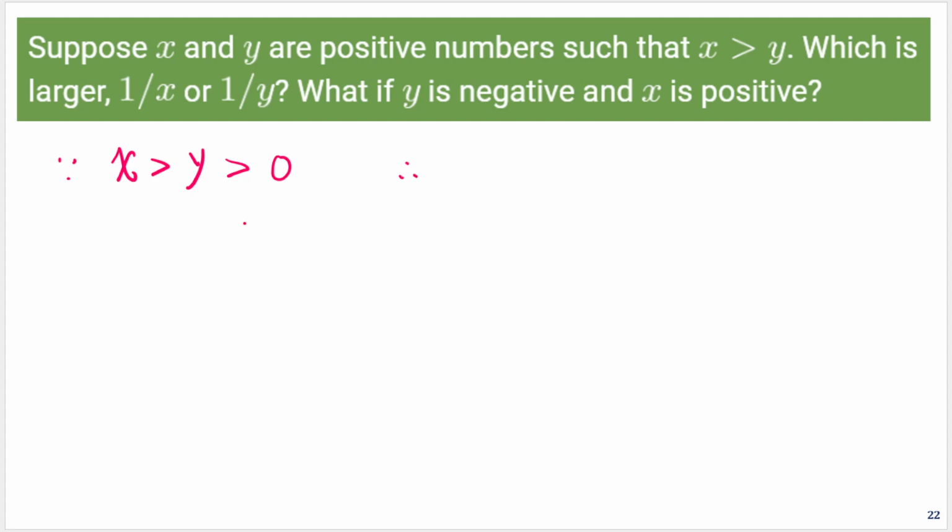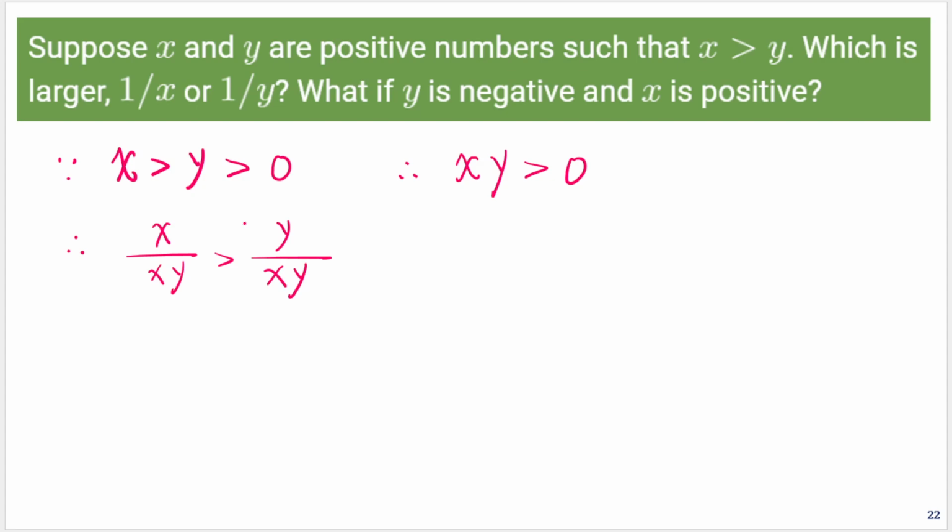Then we know that the product of the two numbers must also be greater than 0, right? Then if we simply divide both sides of this inequality using the positive number x times y, we have x over xy must be greater than y over xy, right?